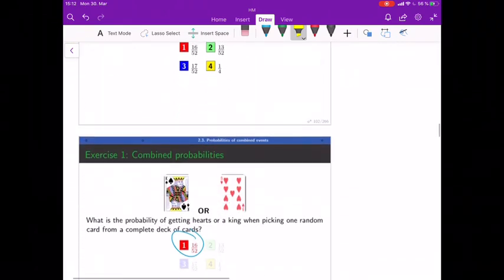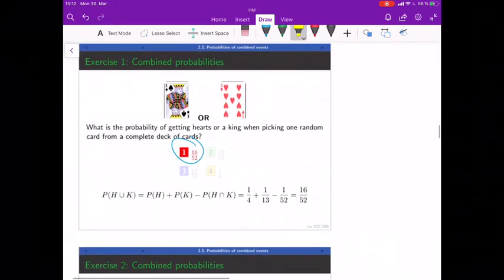But if you don't want to do it like that, how do we calculate? We know this means hearts or king. I use Bayes' rule, or the expansion rule from above. So probability of hearts: every 1 in 4 cards is a heart, there's only 4 suits, so this is 1/4.